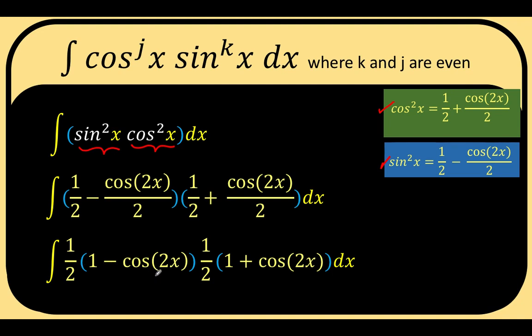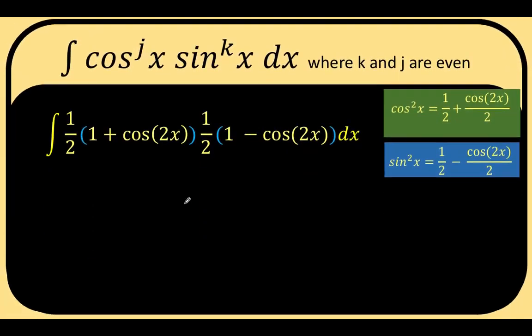So we arrive at this form, and it is apparent that we have here the difference and the sum of two numbers, which is a special product. And 1/2 times 1/2 is equal to 1/4 that we can pull out of the integration symbol. So let's simplify that in the next page. Using commutative property, I write the plus first and the minus second, but it doesn't matter.